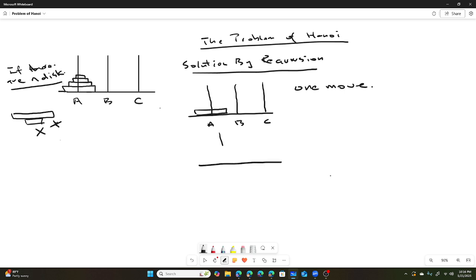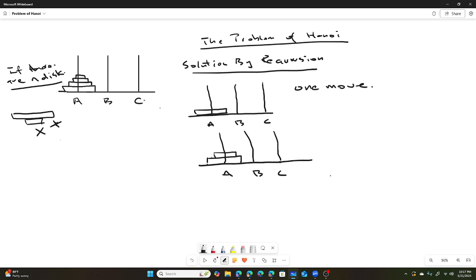Same question. Let's say we have three pins again. This time we have two discs. How many moves does it take to move the two discs to pin C? I want you guys to imagine how this might work.